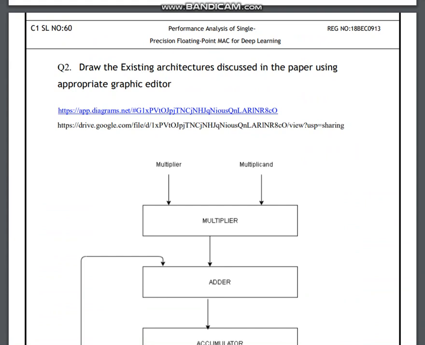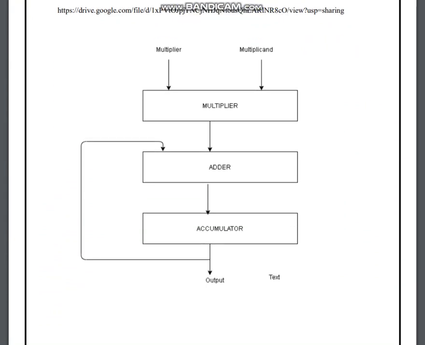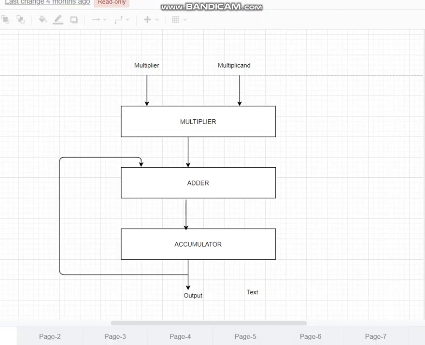This is a block diagram which is provided in the research paper, which I analyzed completely, and I have drawn this diagram in draw.io as you are seeing it right now, where you have a multiplier and a multiplicand, which is being multiplied in the multiplier logic unit, and it's being sent to the adder, which is then stored in the accumulator, and the final output is again moved to the adder.